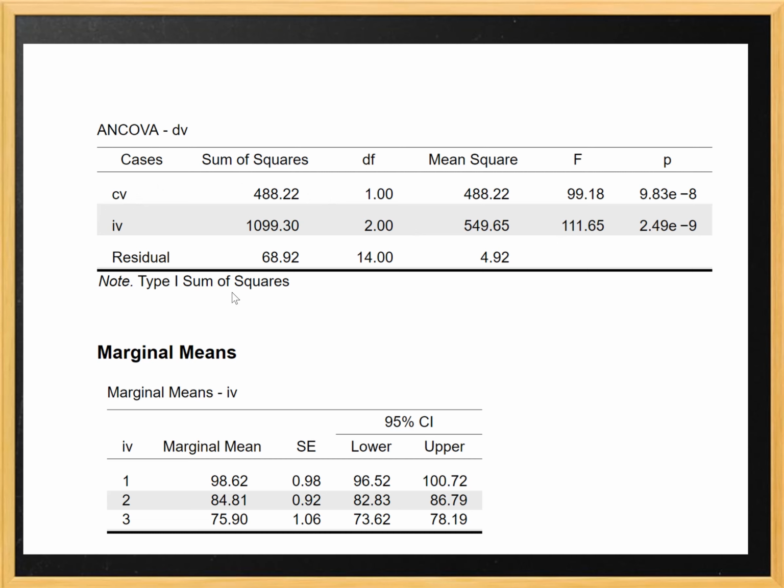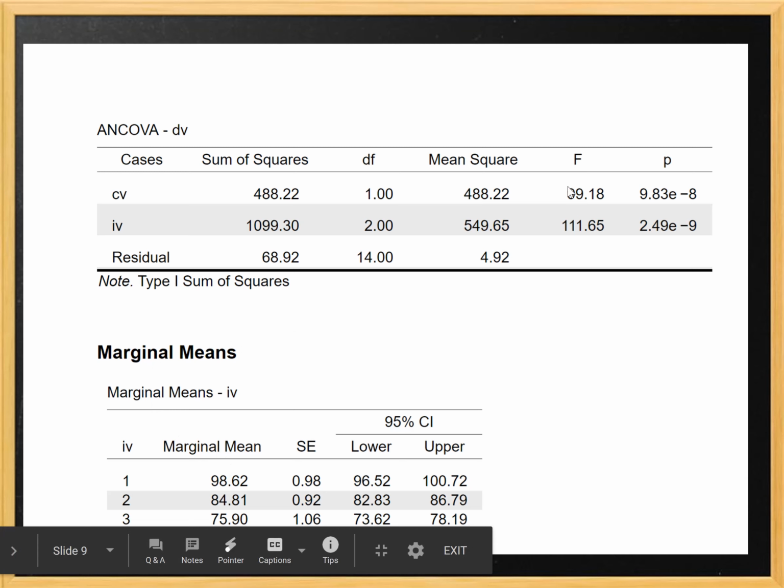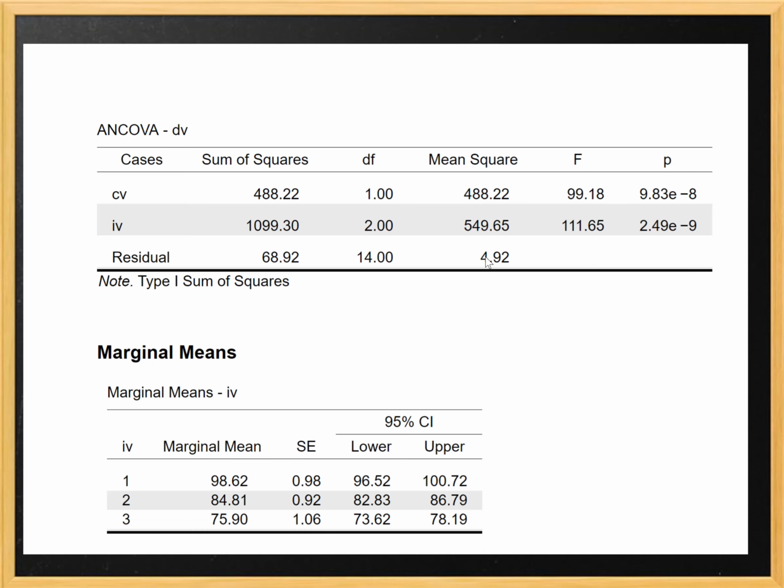And we also, for the first time, need to pay more careful attention to what type of sums of squares we used, and we'll get to that in a minute. But most, but not all, sources recommend using type 1 sums of squares for doing an ANCOVA, although that tends not to be the default in some programs like SPSS. And then we have the means, and these are the adjusted means.